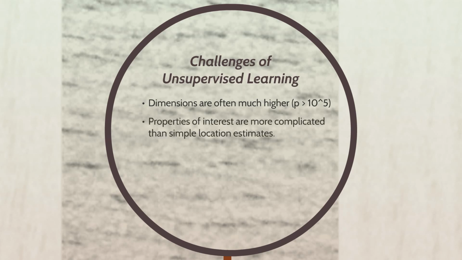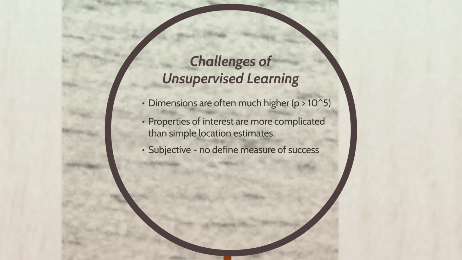Another challenge would be that the properties of interest are much more complicated than simple location estimates. So we are trying to extract different features from this output probability distribution, and some of those features can be pretty complicated mathematically, and they're not quite as simple as a prediction or location estimate like we've done with supervised learning in the past.